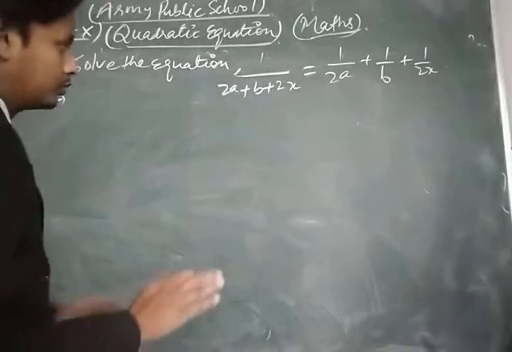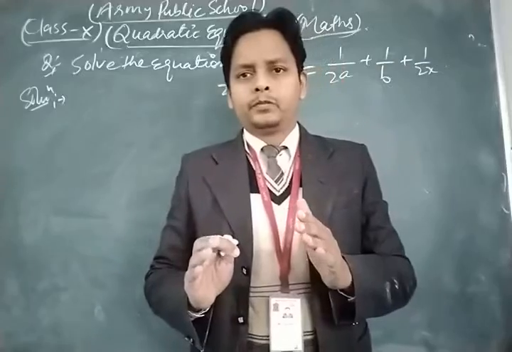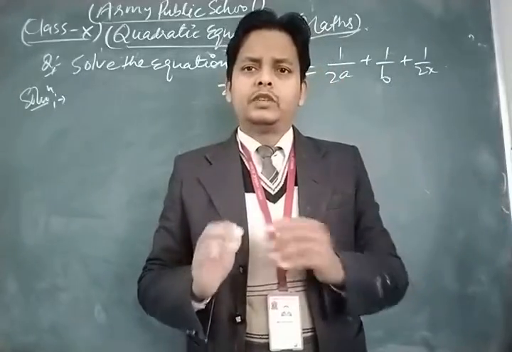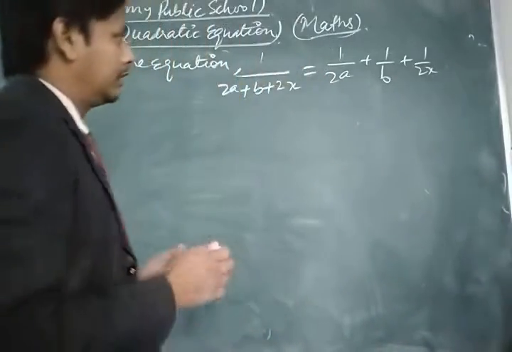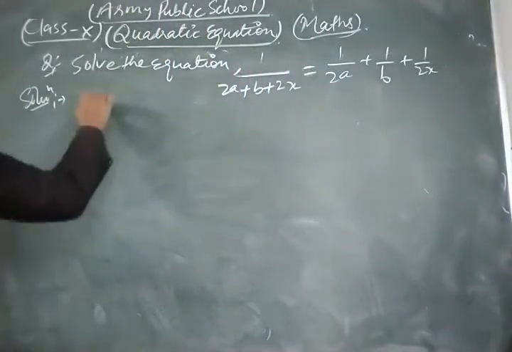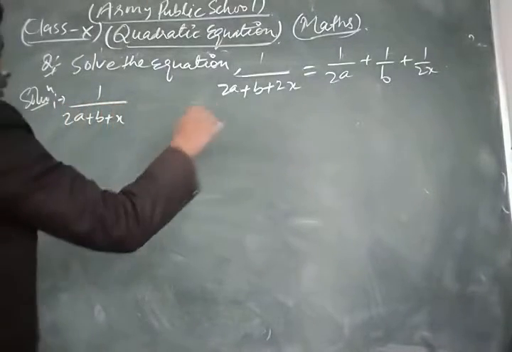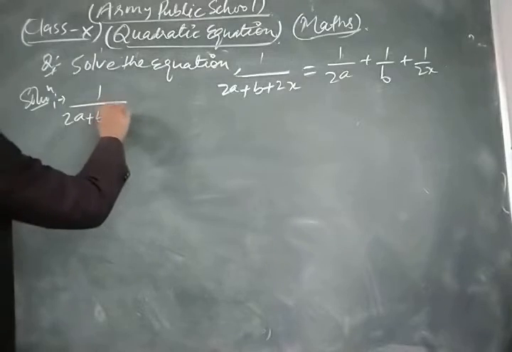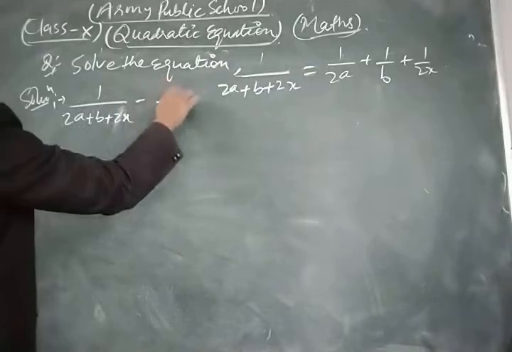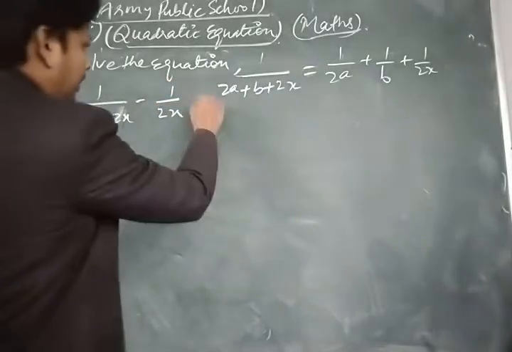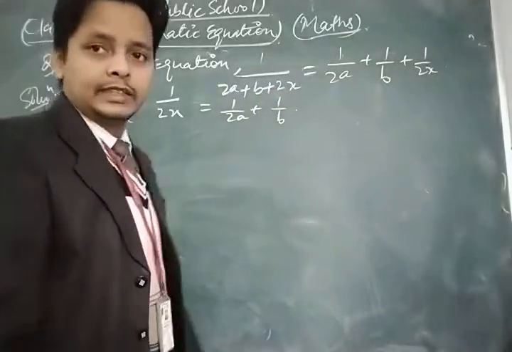So it is given that, dear student, in this type of question, first of all we separate the variables, meaning we take the terms including x on the same side. So for that we can write 1 upon 2a plus b plus 2x, and 1 upon 2x transferred to that side, so 1 upon 2a plus b plus 2x minus 1 upon 2x is equal to 1 upon 2a plus 1 upon b left in the right hand side.